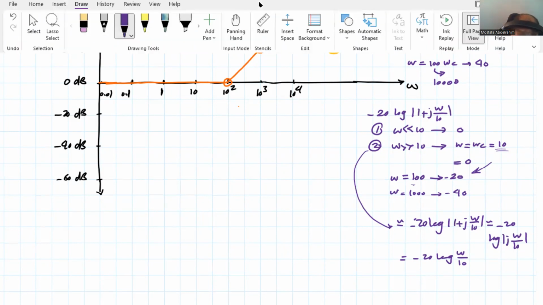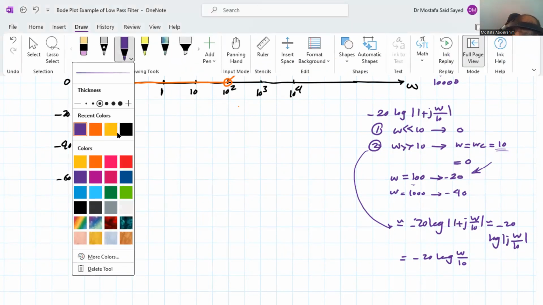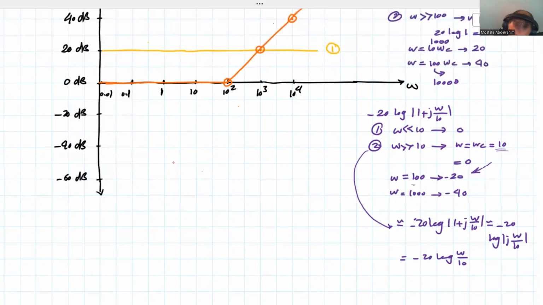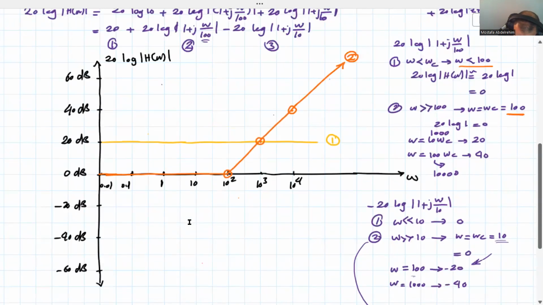Let's draw that. Let's have another color, like green, for example. Red, whatever. So for omega less than 10, it's 0. That's 10 here. In that area, from 0.01 to 10, the orange and the red are both zeros, but the yellow is 20.